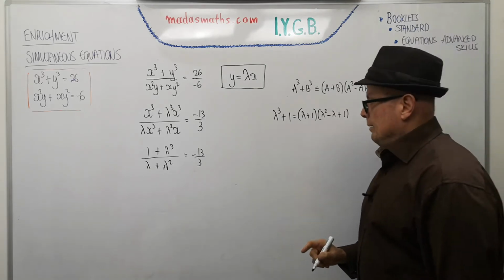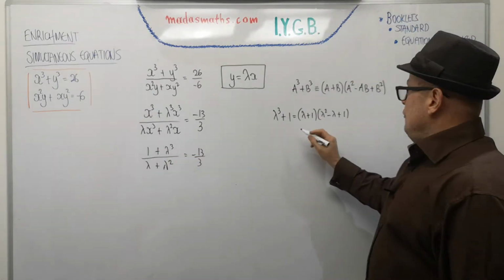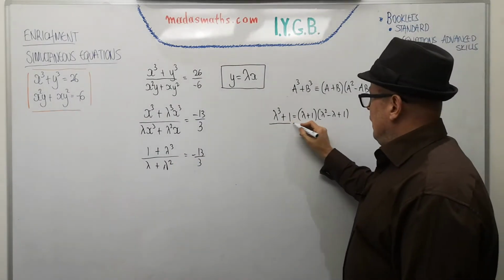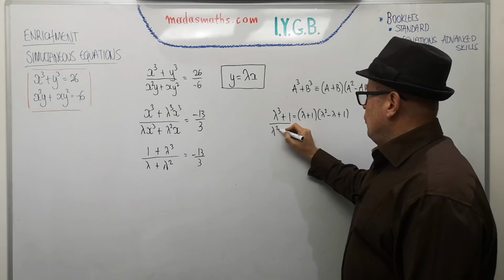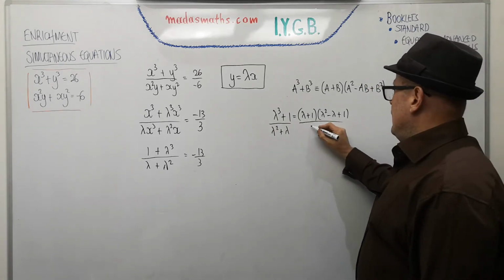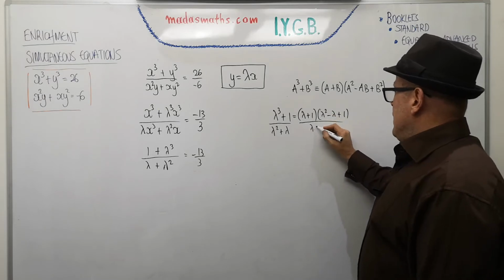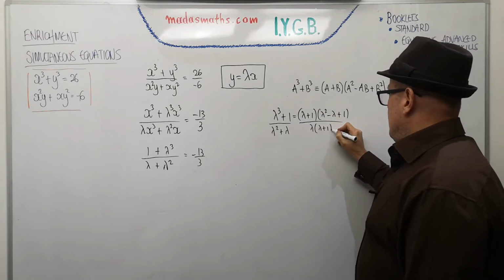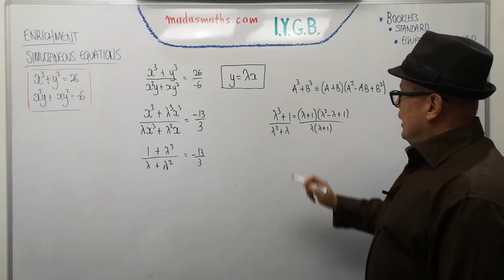So that's my numerator. And if you look at your denominator, which was lambda squared plus lambda, just written backwards, you can factorize the lambda at the front and the lambda plus 1. Can I cancel that?